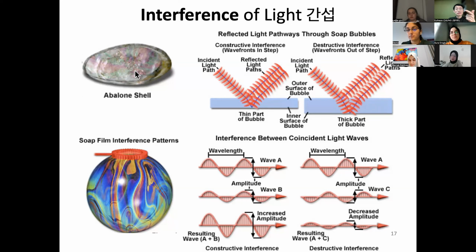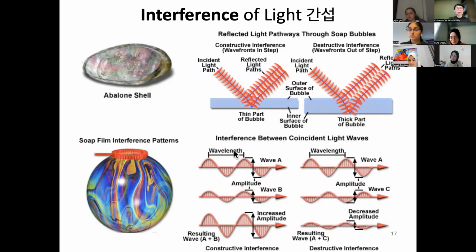Typical red, blue, black, white colors from materials are due to the absorption of selected light, so that only the other lights are reflected to enter your eyes. But in this case, this is a nanostructure, which creates a different interference, which gives us a beautiful color.